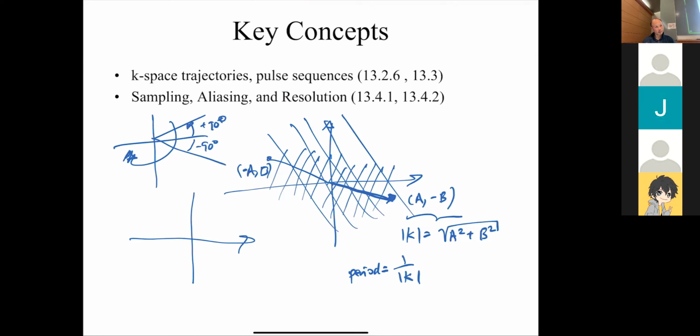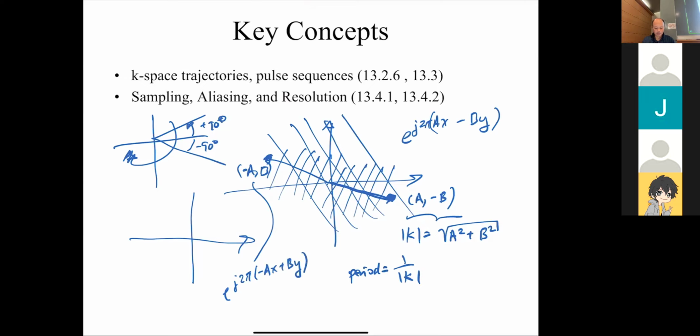Yes, could you go over how the signal from negative A, comma B and A, comma negative B are different? Oh yeah. These are just different points in K-space. For example, this would be e to the j 2 pi (ax minus by), and this would be e to the j 2 pi (minus ax plus by).